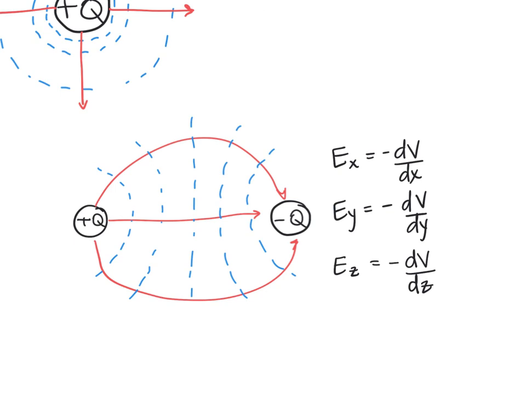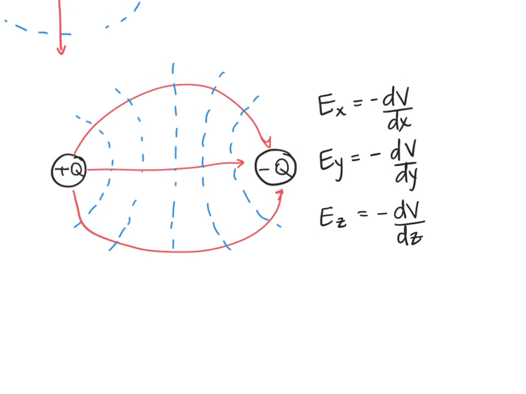So in general, we can think of this as being a partial derivative. So the electric field function with respect to r, meaning that it could have x, y, and z directions, is equal to the negative partial derivative of the electric potential function with respect to r.